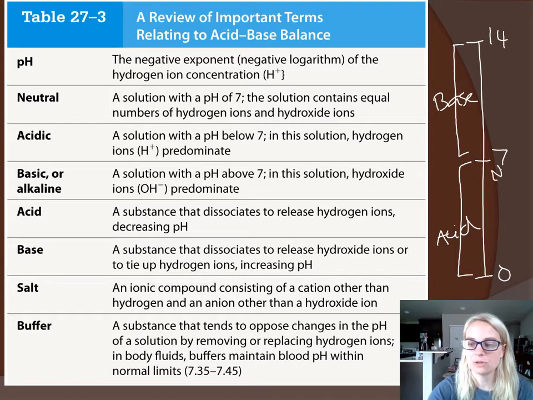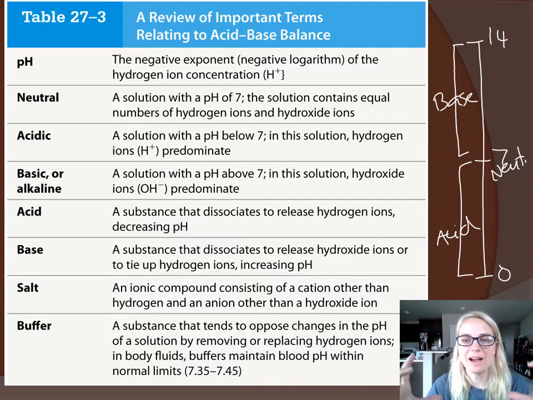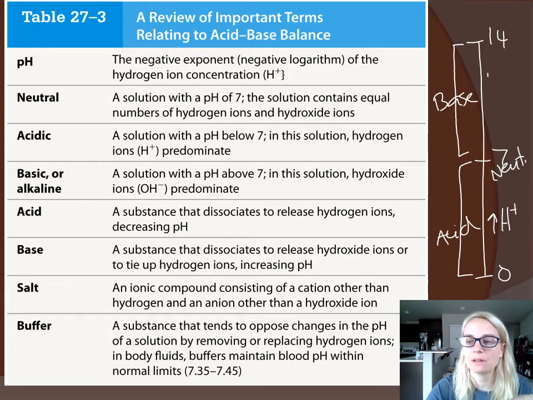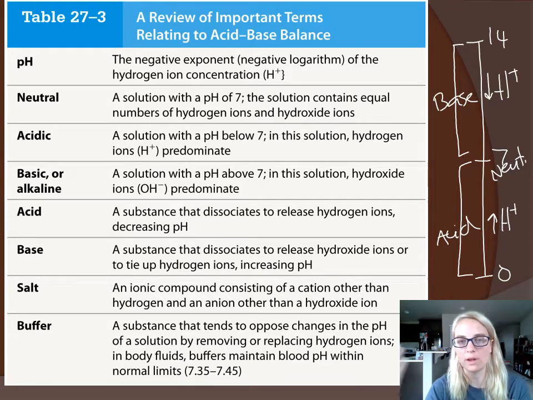And 7 is neutral. So if we have a high hydrogen ion concentration, we are going to be down in 0 to 6.9, if you will. If we have a low hydrogen ion concentration, we're going to be 7.1 or above, up to 14. So that is how our hydrogen ion concentration relates to our pH value.